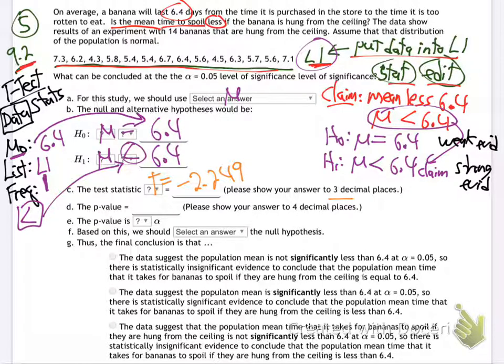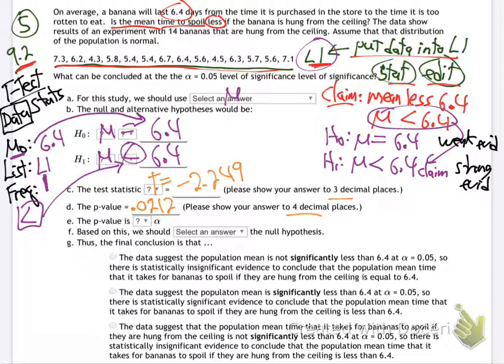That rounds to minus 2.249, and then 4 decimal places on the p-value. I'm getting 0.0212, 0.02124. So there's my p-value and my test statistic.